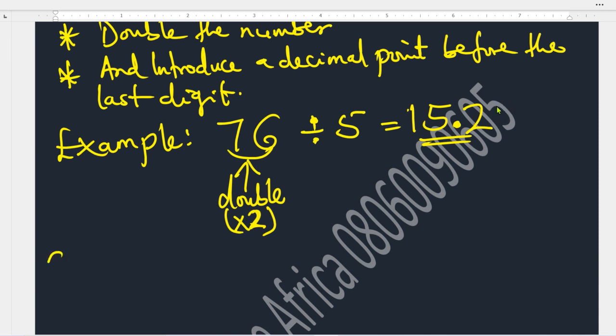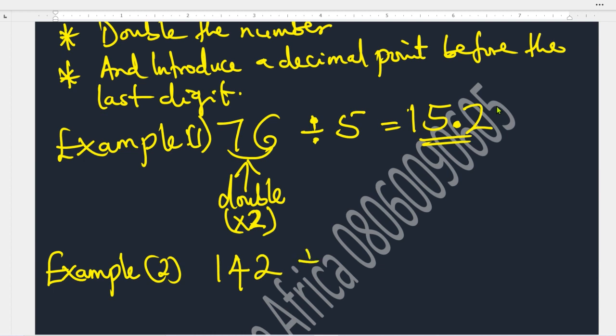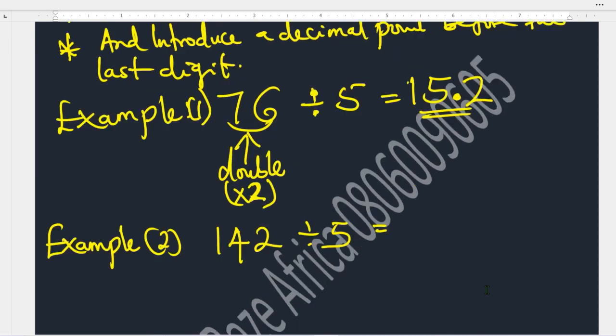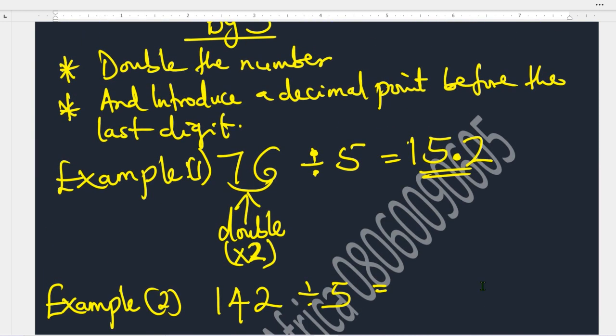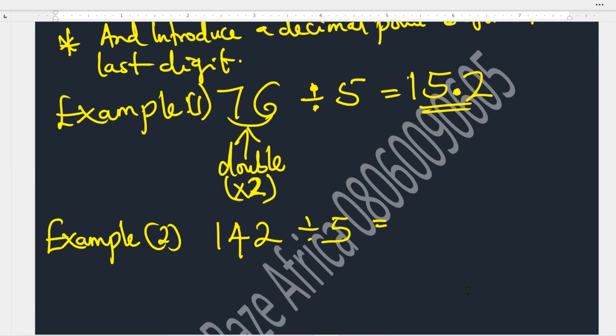Now let's look at another example. So what is 142 divided by 5? When dividing any number by 5, double the number and introduce a decimal point before the last digit.